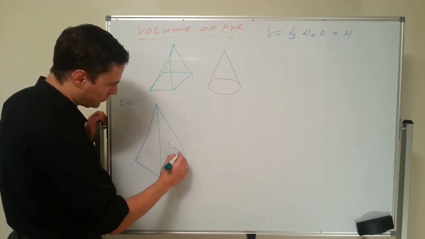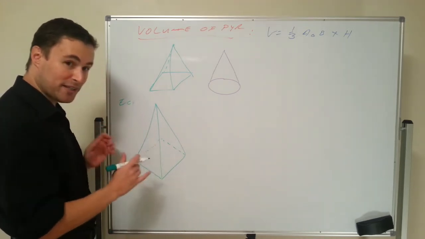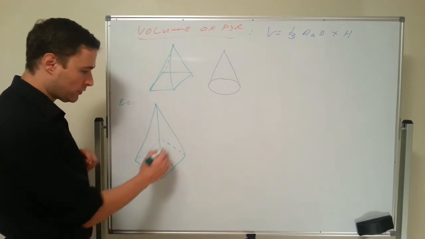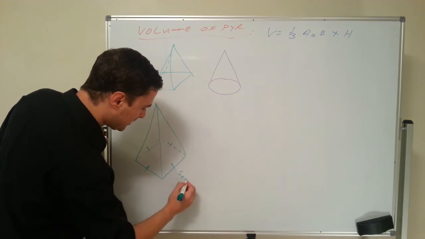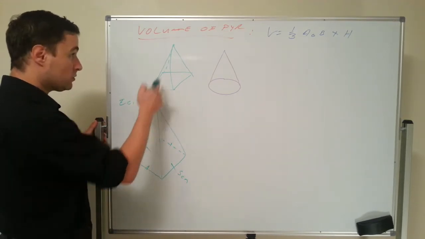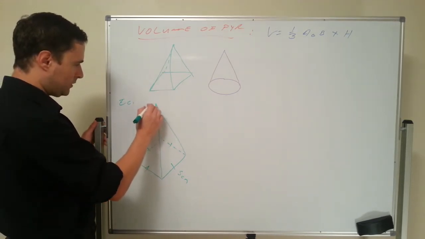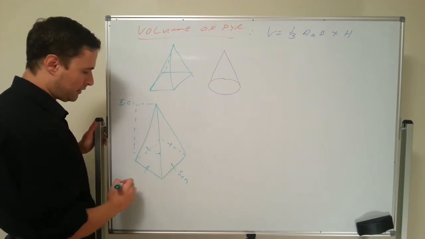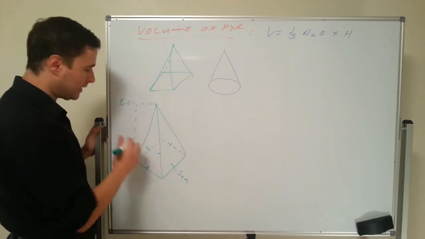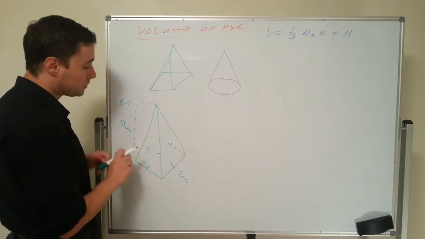It's hard to draw this freehand. A square-based pyramid, square because I've shown that all these sides are equal. We say that this length is 5 centimeters, and the internal height of the pyramid from the apex to the base, directly down, is 18 centimeters.